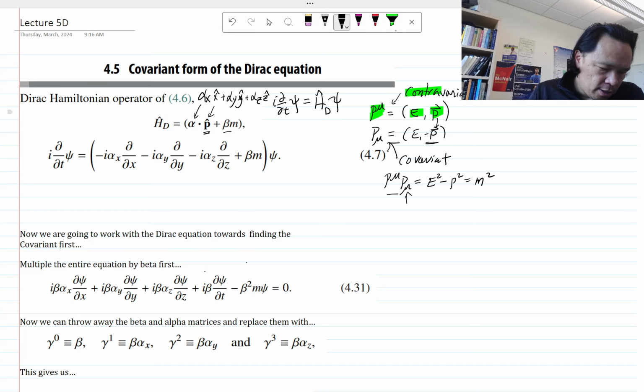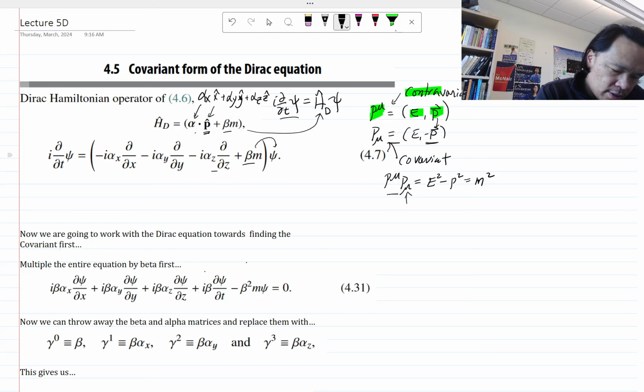If you plug this Hamiltonian into the Schrodinger equation, you'll find there's the time derivative term, just like in any Schrodinger equation. But then the dot product turns into negative i alpha x partial by partial x, minus i alpha y partial by partial y, and similarly for z. Then you still have the mass term, with all of these matrices acting on the wave function.